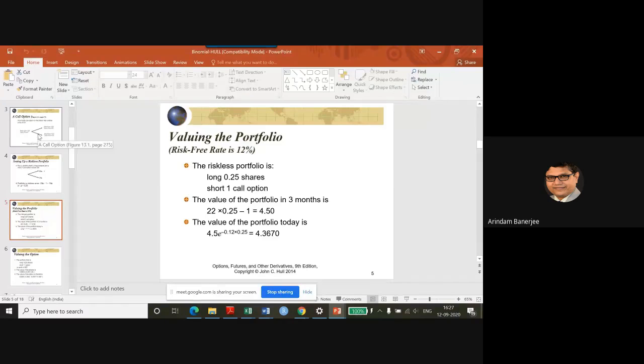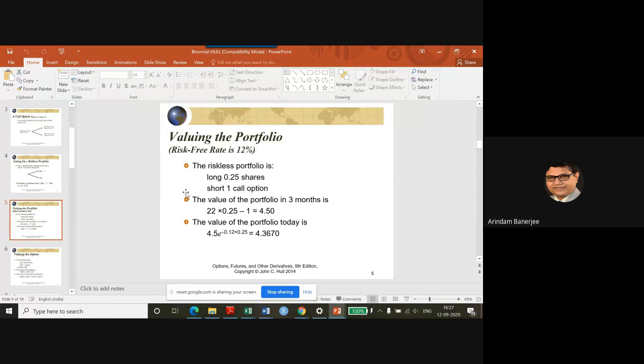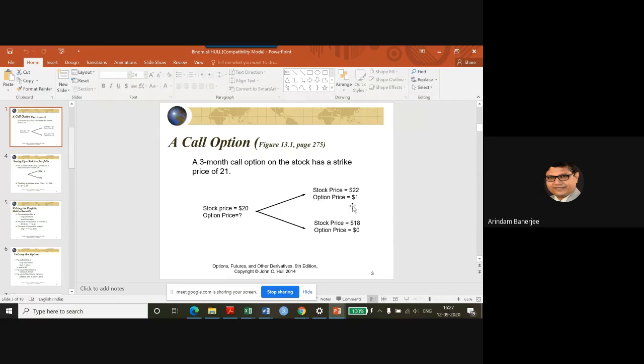Now in this scenario, if the stock price goes to 22, then the value of the portfolio will be 22 into 0.25 minus 1, that is 4.50. So the value of the portfolio will be 4.50 at this point, after 3 months. This arrow is representing a 3-month period. So what is the present value of the portfolio here?